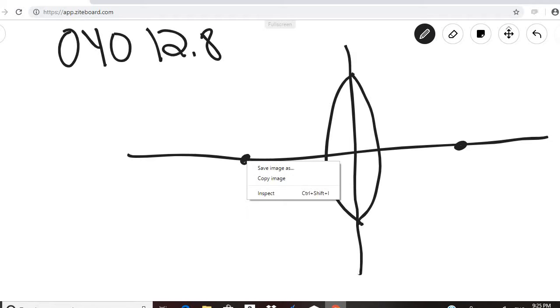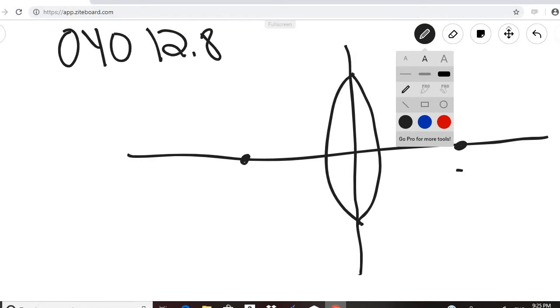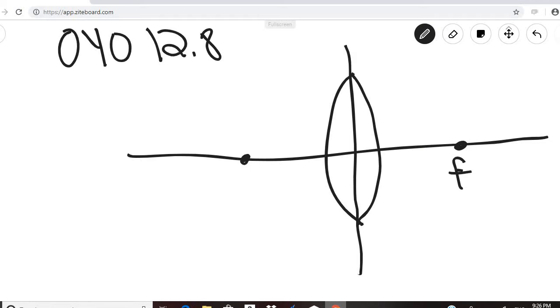Okay, so those are our 2 focal points there. So there's our focal point, and there's our focal point, and now the object is 5 centimeters from the lens. Okay, so here's our object. So then what's going to happen with this one?